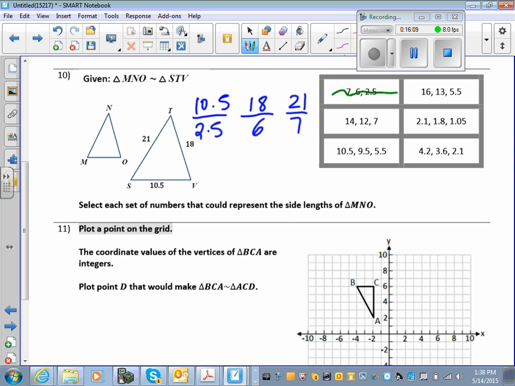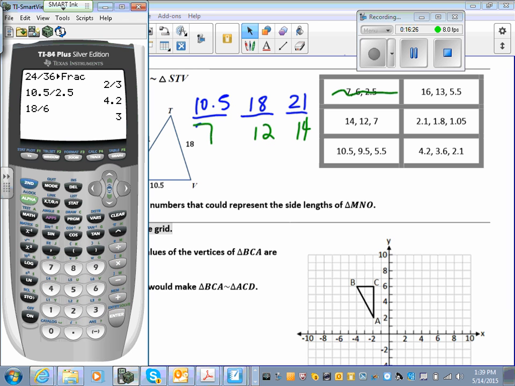Then I'm going to do the next one, which is 14, 7, and 12. For this one, I will put 7, the smallest, then 12 is the next medium size, and the 14. So I'll open up my calculator again and do the same thing. I put 10.5 divided by 7 gives you 1.5.